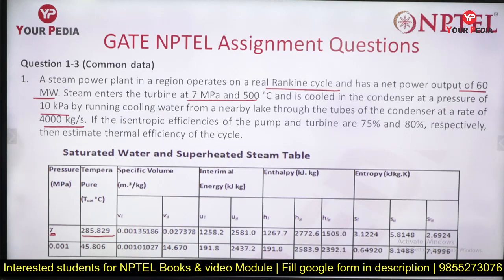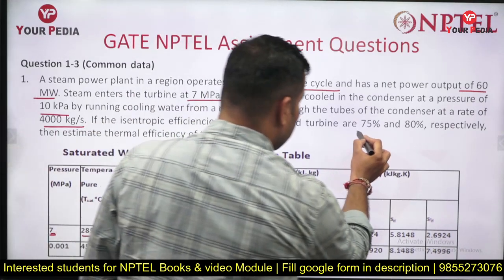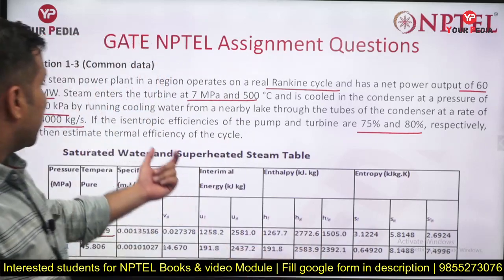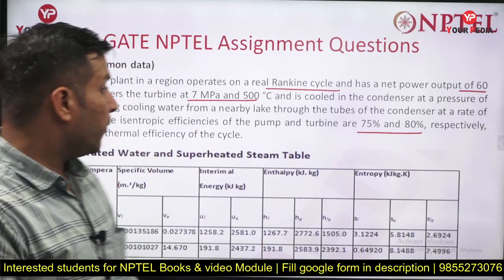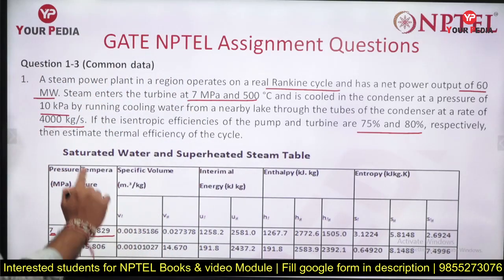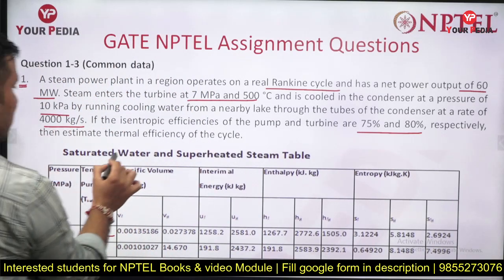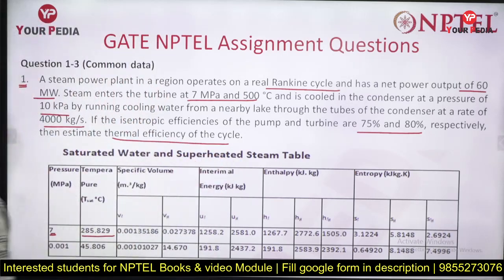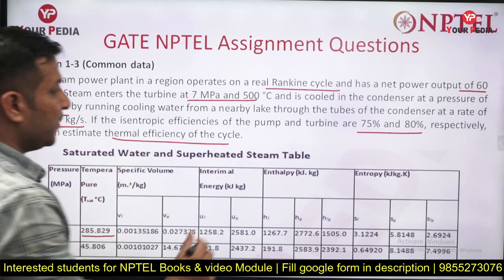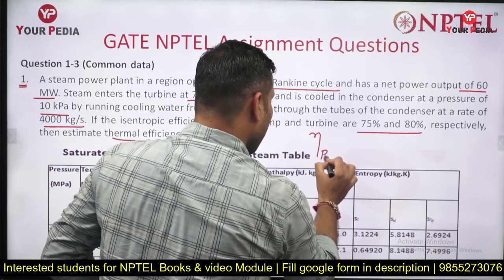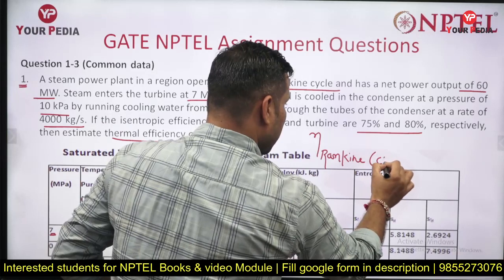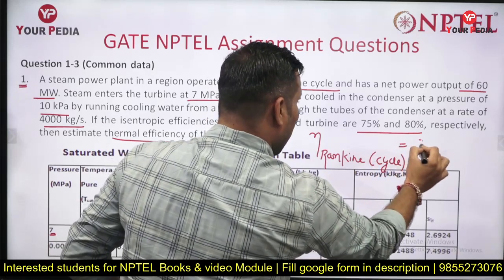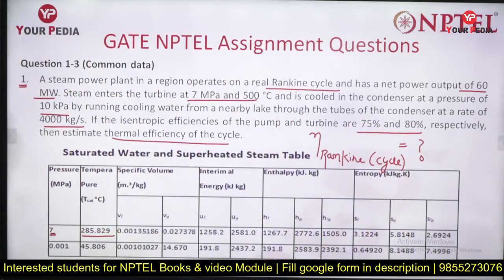The isentropic efficiency of the pump is 75% and of the turbine is 80%. In the first part, he is asking you for the thermal efficiency, meaning the cycle efficiency, the Rankine efficiency, guys. So you need to calculate the Rankine cycle efficiency. Got the data, guys? I hope it is very clear.